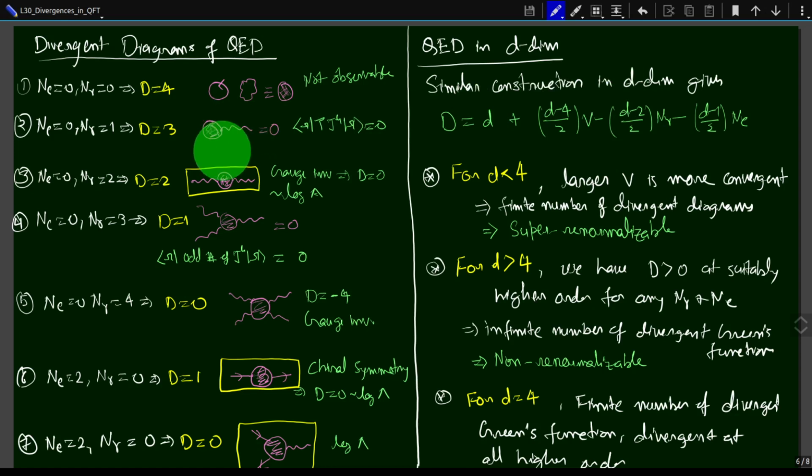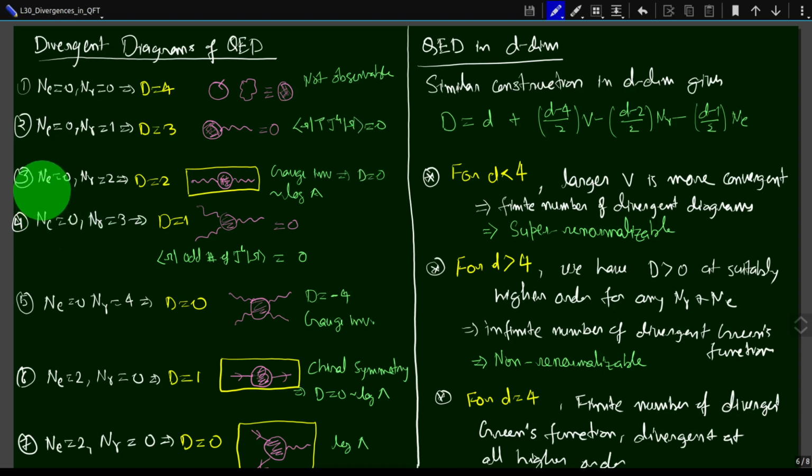This is a diagram like this, where this blob means anything over here which is connected to a photon. Usually the photon is connected to a fermion, so you have basically a conserved current, so the time-ordered product of a single conserved current sandwiched between vacuum will be 0. It's a conserved current, so its vacuum expectation value will be 0.